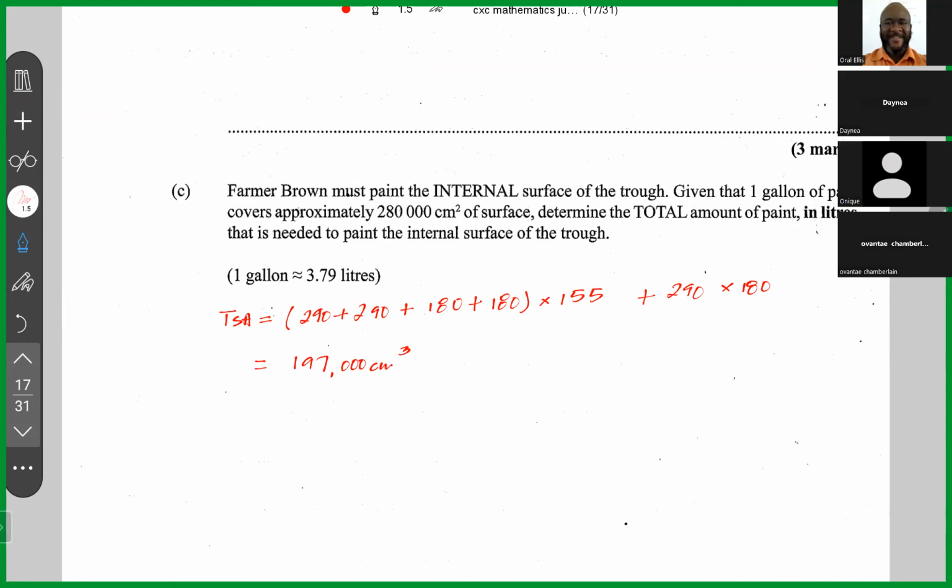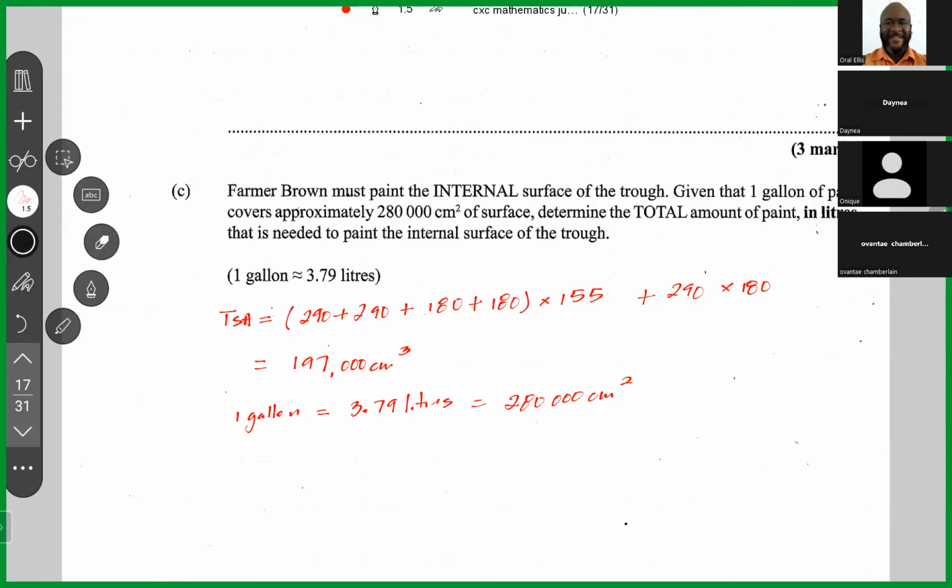All right, so 1 gallon is equal to 3.79 liters, and this will cover 280,000 centimeters squared.